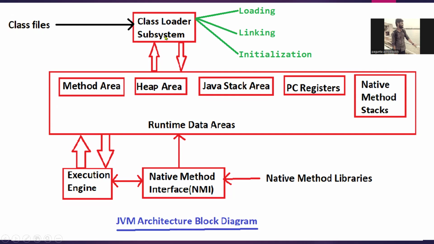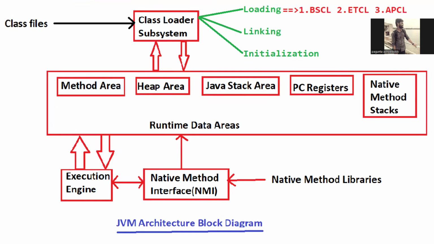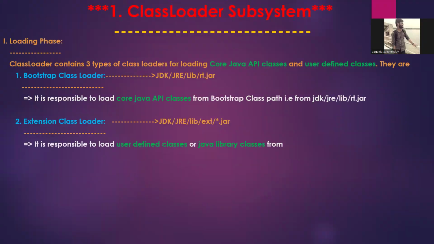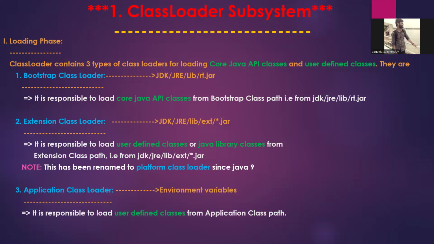The given .class file is loaded and stored into the method area. In loading we have three class loaders: the Bootstrap class loader, second the extension class loader, and third the application class loader. Already we discussed this.